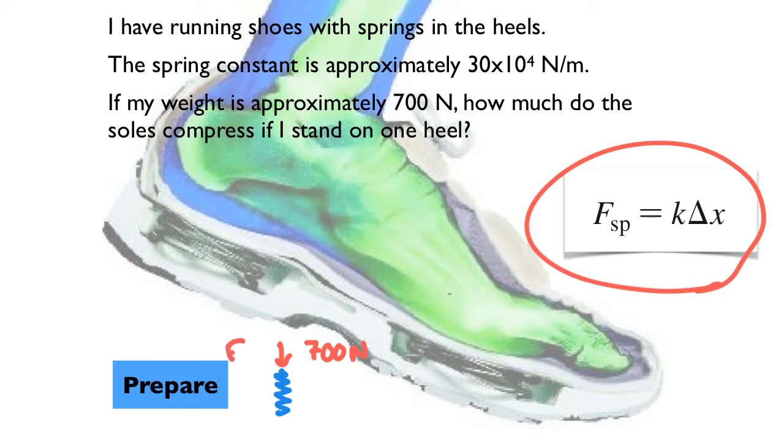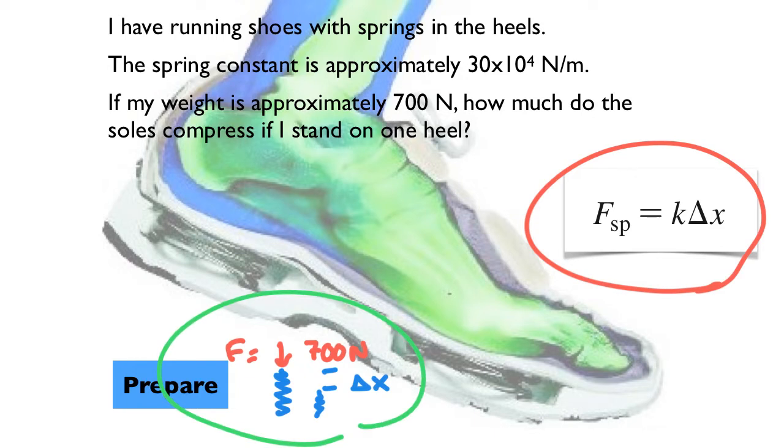That's the F which is going on here. And as a consequence, the spring will shorten by an amount delta x, and that is in fact what we're looking for. That's my preparation, and sketching this out so you're absolutely sure what is the force, and what you're looking for in terms of the stretch or compression of the spring, is a crucial piece of the puzzle.